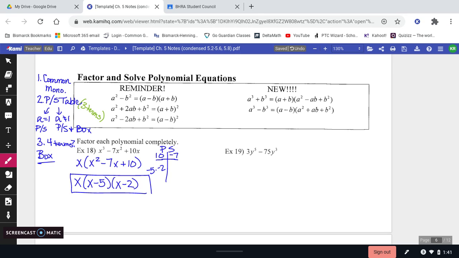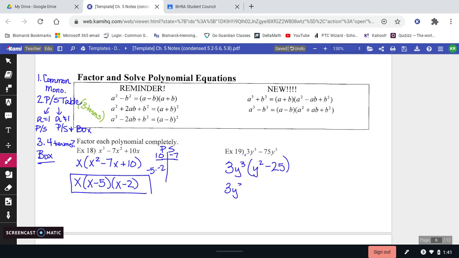Okay, for 19, again, common monomial. So we've got variable y's and 3. I can take a 3 out of 75. So I'm going to factor out 3y cubed. I would have a y squared minus 25 left over. Okay, now y squared minus 25.